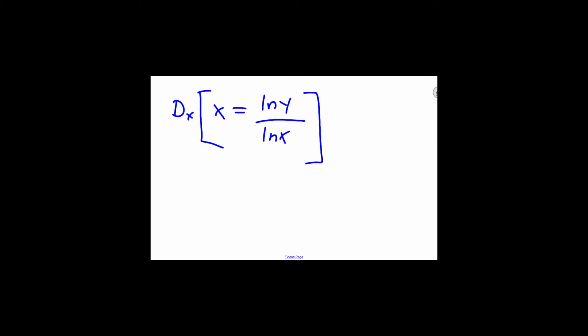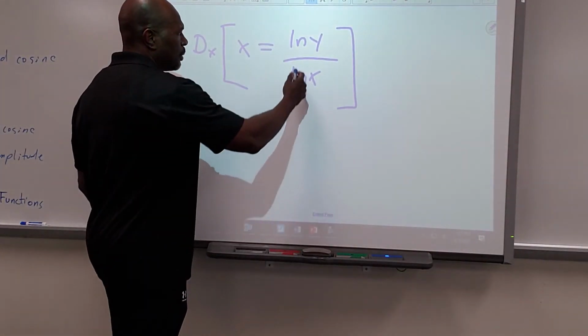So the derivative of x would be 1. And over here on the right, we have a quotient rule and implicit differentiation with this y.